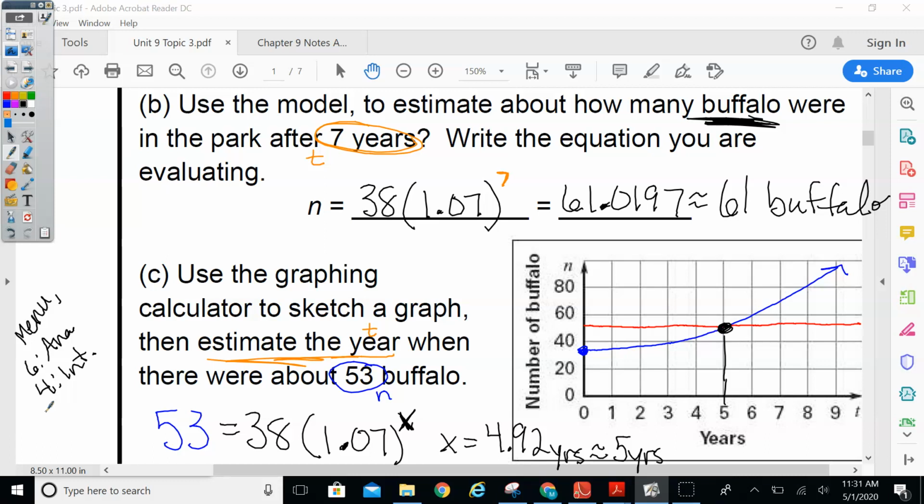And then you do the left bound, right bound. So you put it a little bit to the left, press enter, put a little bit to the right, press enter, and then it'll calculate the exact one. Okay, so that was a growth.